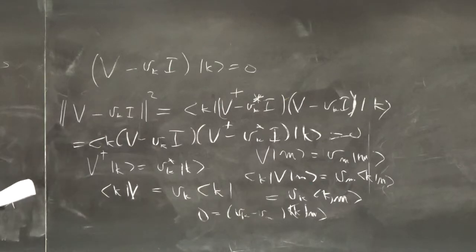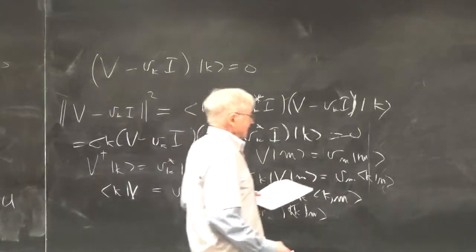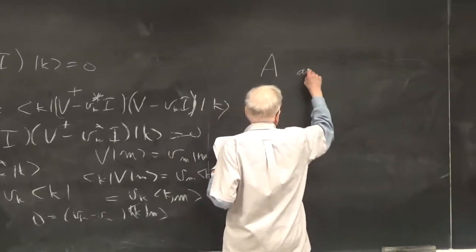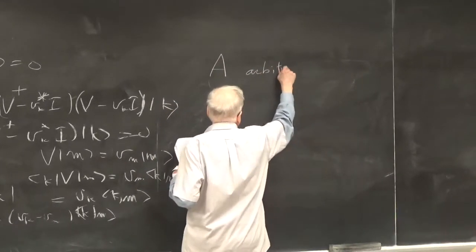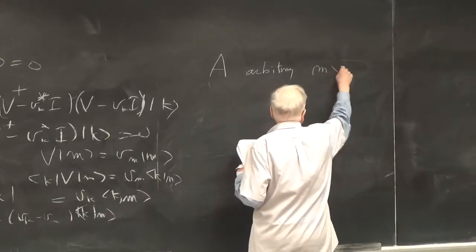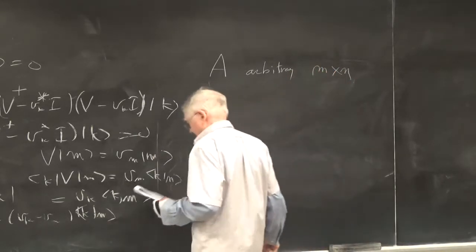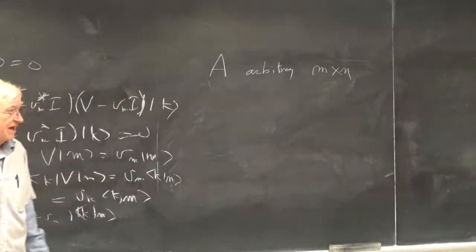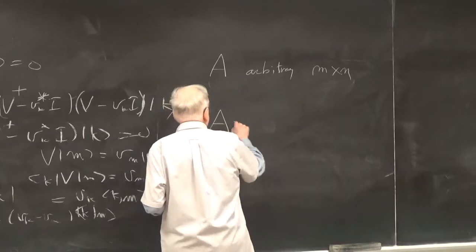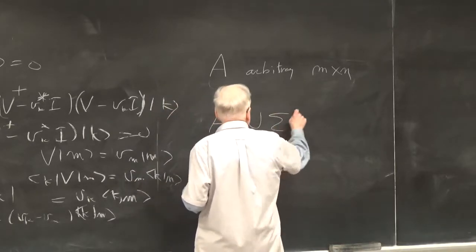But the idea is this. Suppose A is an arbitrary matrix, and let us say it's m by n. It's not even square. Then the bottom line here is that you can always write it as U sigma V dagger.